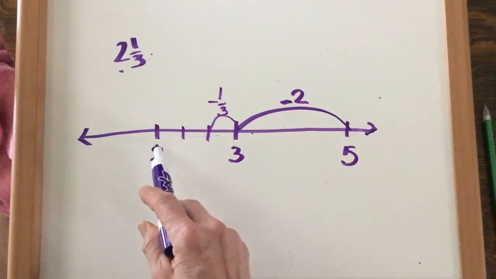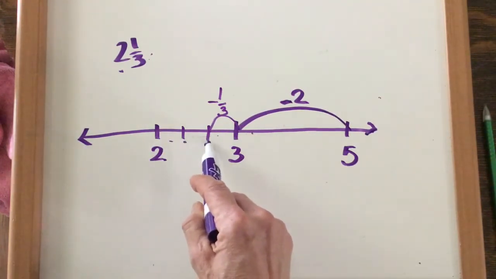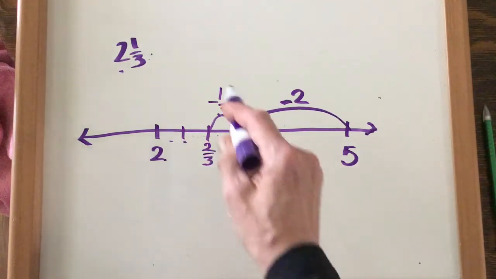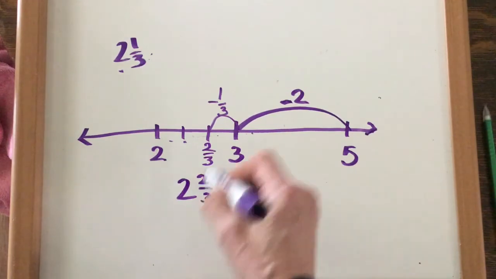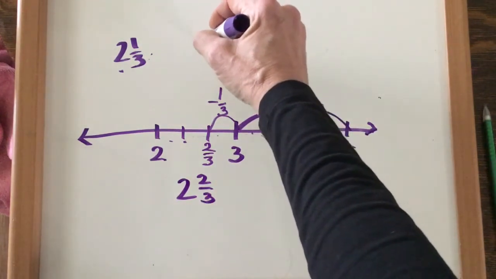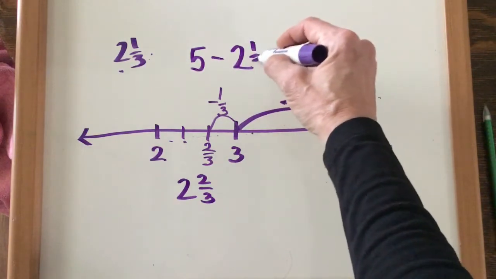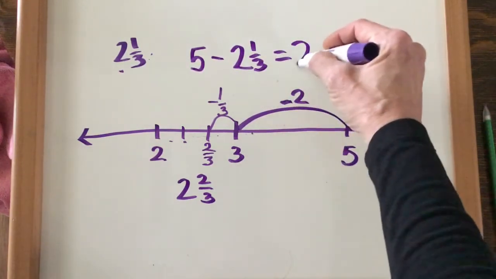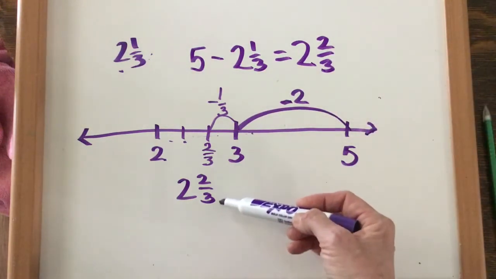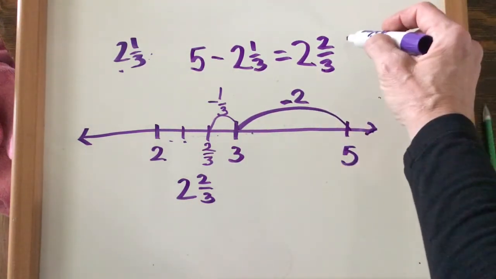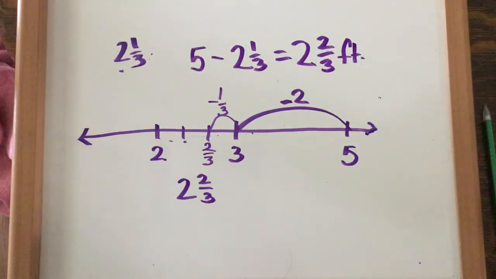That leaves me with 2 and there's 1/3, there's 2/3. So my answer is 2 2/3. What we just did was model 5 minus 2 1/3 equals 2 2/3. This number cannot be simplified, so my final answer is 2 2/3 of a foot.